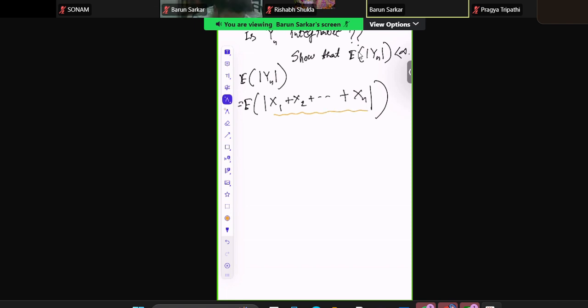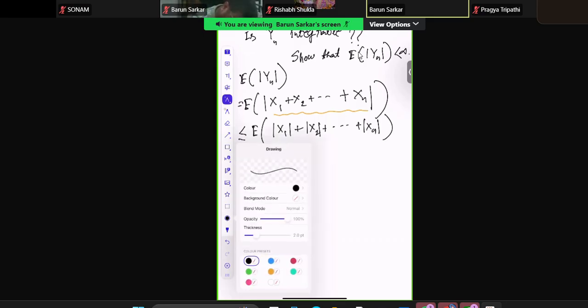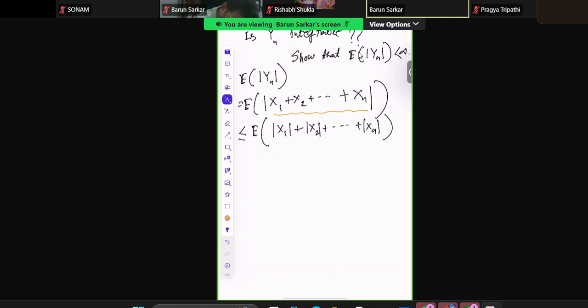I can use the triangle inequality: mod of a plus b is less than or equal to mod a plus mod b.